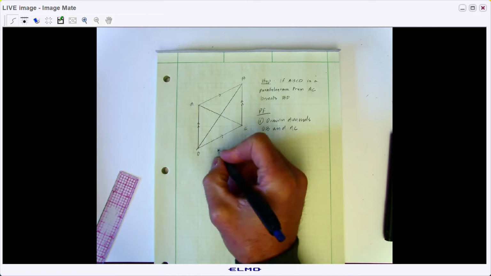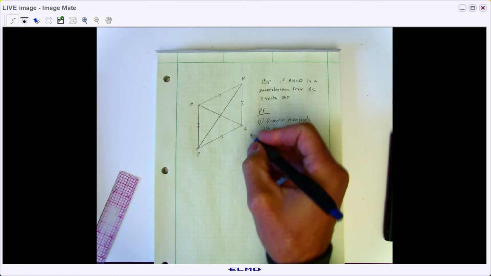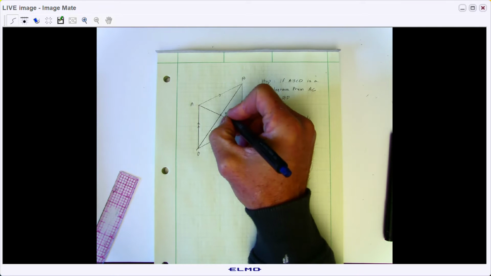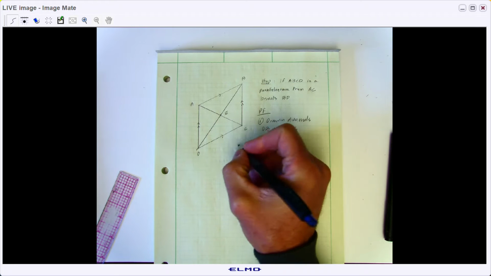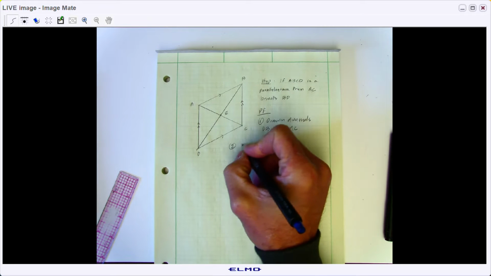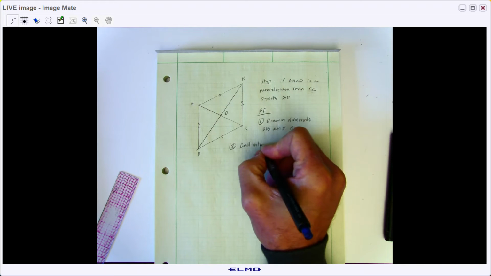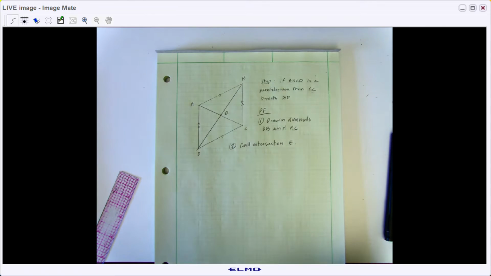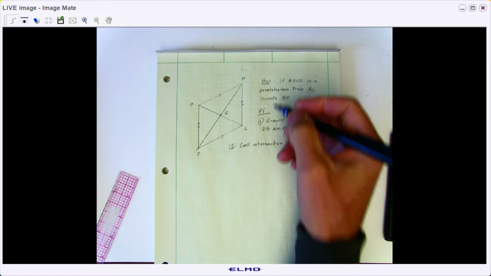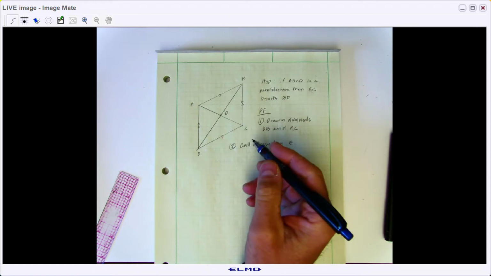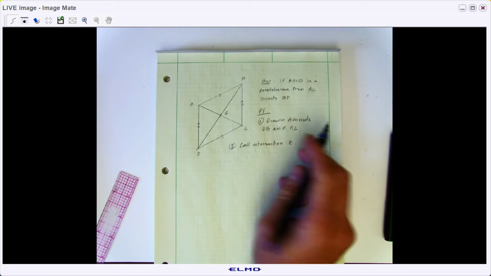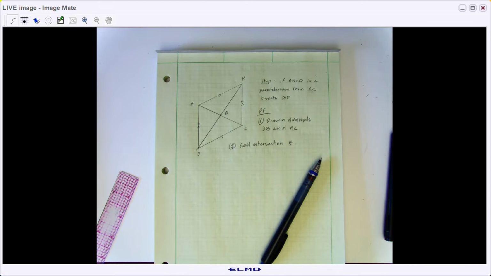Since they cross, we're going to want to give this point a name. Let's call the intersection E. And what we're trying to show is that BE is equal to DE and that AE is equal to EC.